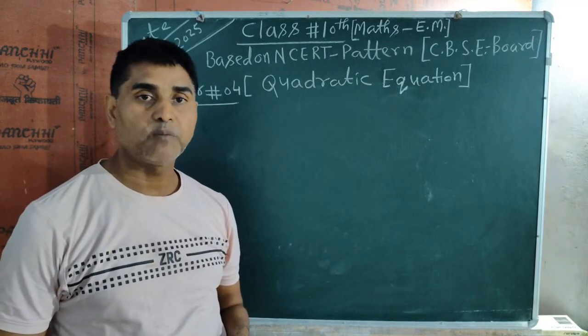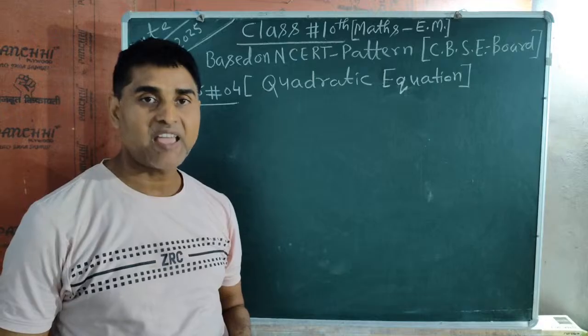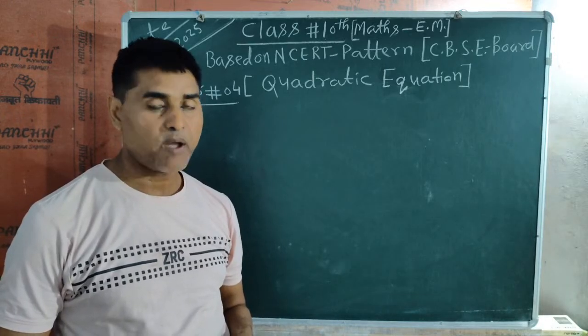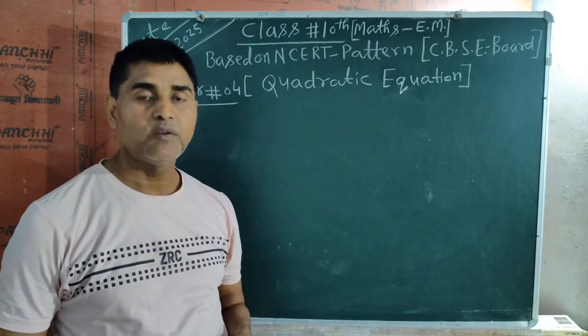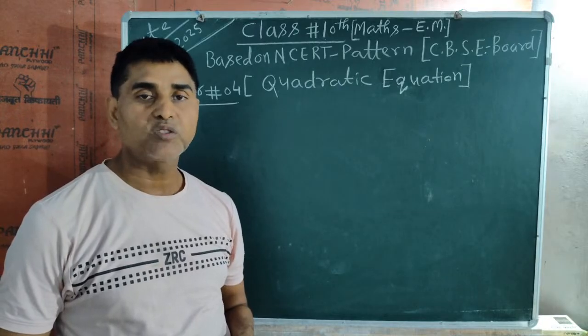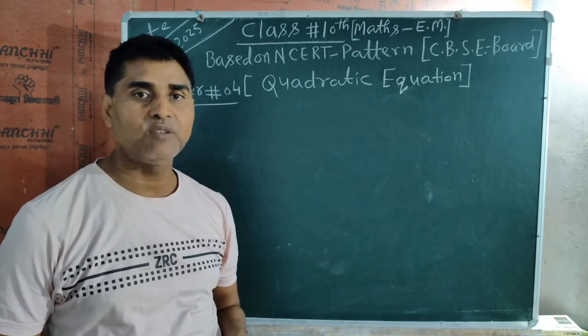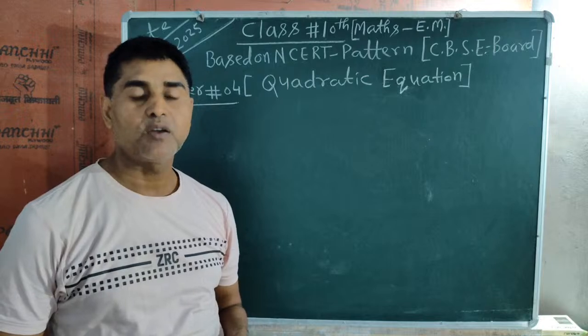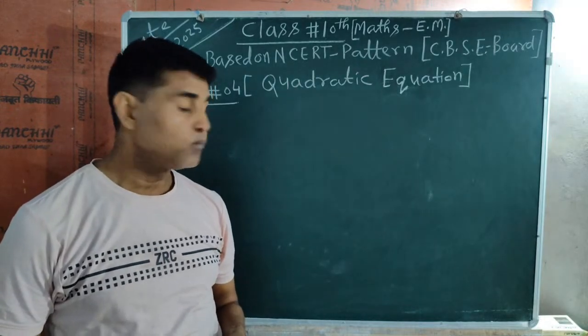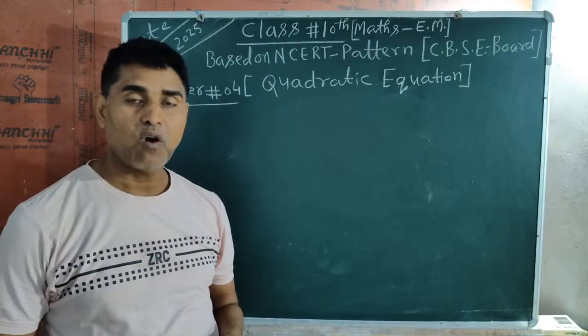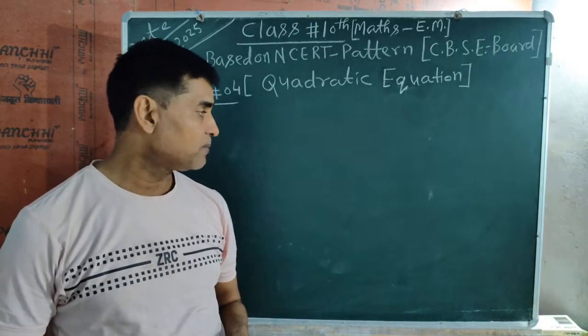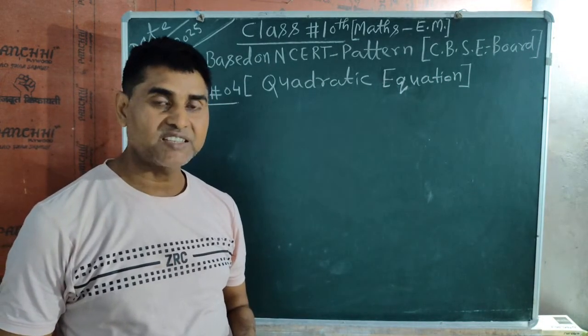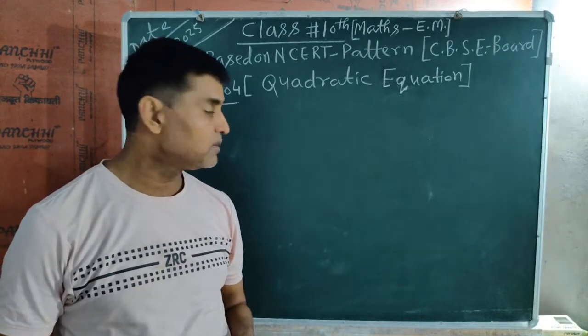Because a quadratic equation has maximum power 2, there will be 2 values of x, and both values of x I will call roots. Both roots may cut the x-axis, or both may meet on the x-axis, or both may not meet the x-axis.